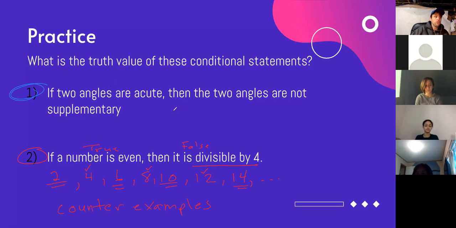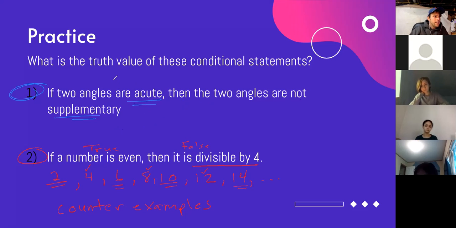This one is going to be true. When things are true, in particular, if they're mathematical relationships like this, it's important for us to think about the definitions of the terms that we're dealing with. So what does it mean to be acute? And what does it mean to be supplementary? So keeping those definitions in mind and what that actually means, right?